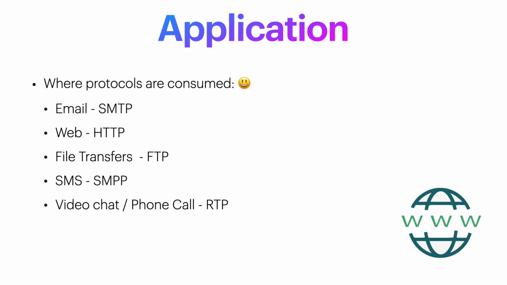Then the application layer, which is what the user sees, and here's where protocols are consumed. For example, email, website, file transfers, texting, video chat, you name it. World Wide Web, what the user sees.